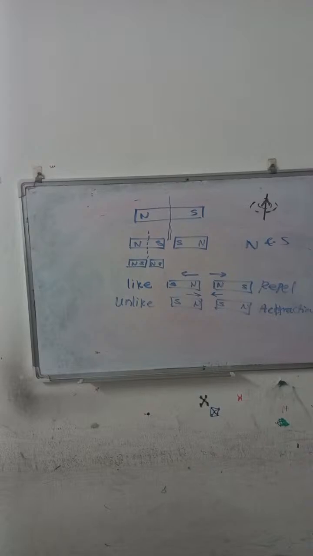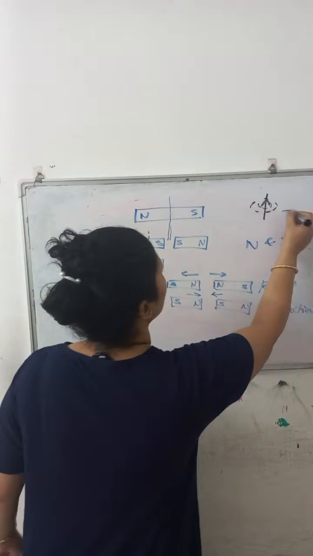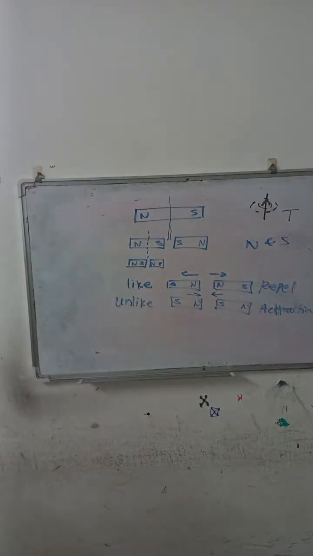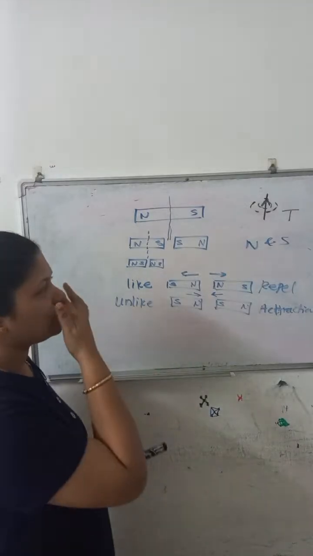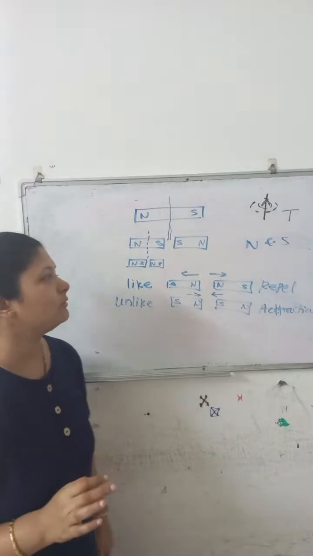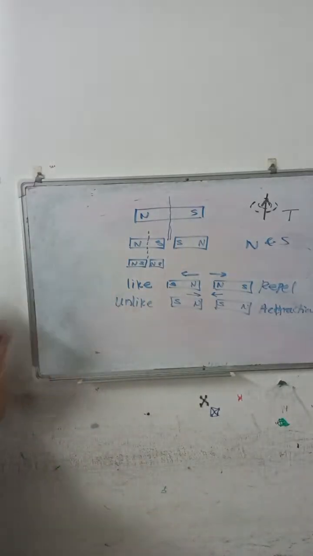This magnetic field is measured in terms of Tesla, denoted by capital T. Magnetic field lines show the magnitude and direction, and the magnetic field can be described with the help of a magnetic compass. For class 10 we show the magnetic field with the help of a magnetic compass only. You can take a screenshot, and we will go for the next part.